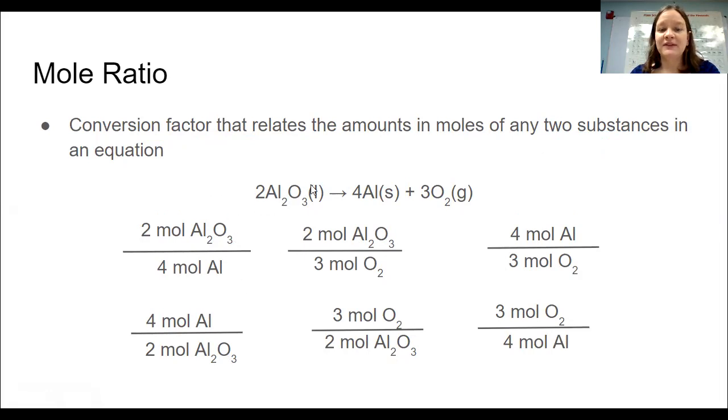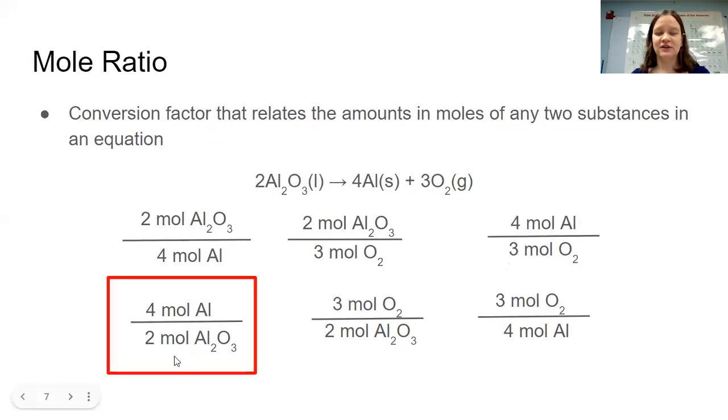I'm given aluminum oxide and I want that to go away and be left just with the aluminum. I'll show you what I mean by that. So I need this conversion factor. I want my aluminum oxide to be on the bottom and my aluminum to be on the top.